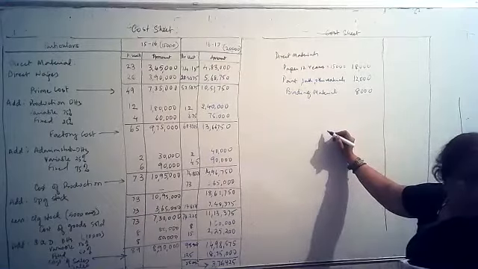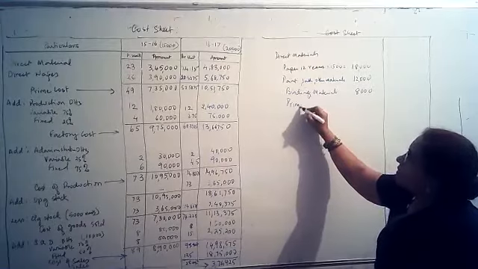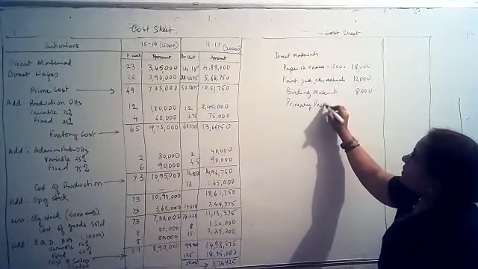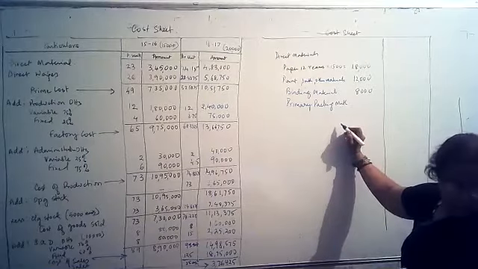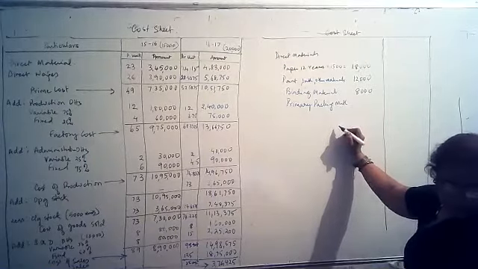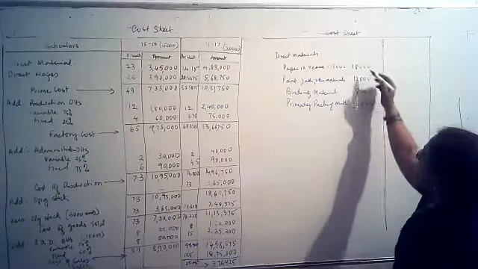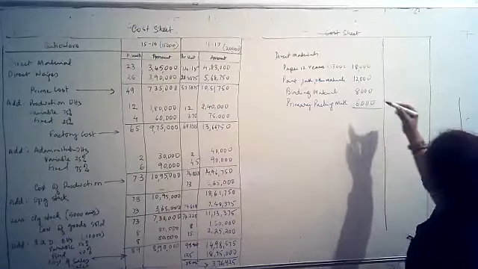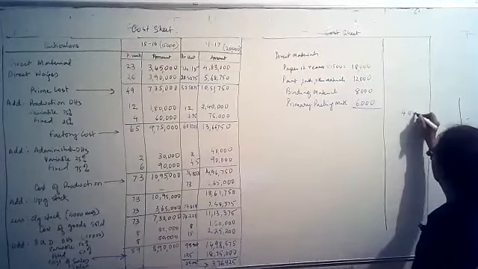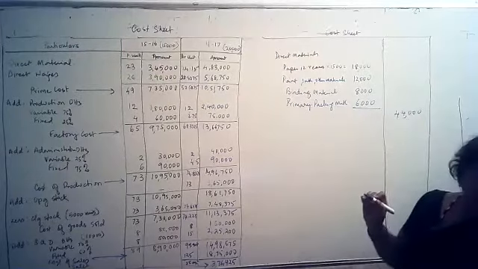Next one is primary packing material. How much is the primary packing material? It is 6,000. So add everything: 8, 10, 18, 24, 44,000 is the direct material.